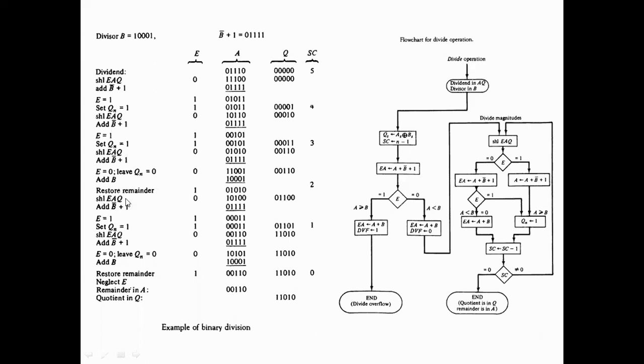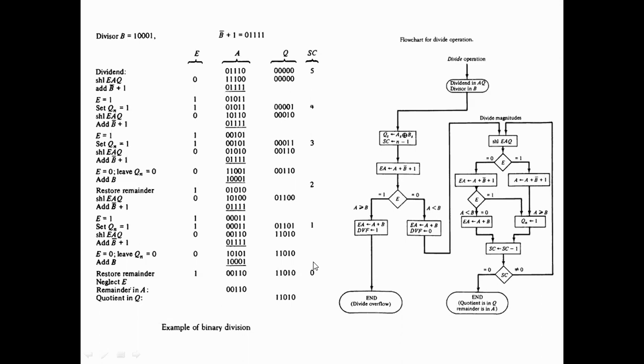So again do a shift, again subtract, then check E. E is 1. Put Qn equal to 1. Decrement. Again shift, again subtract, again check E. E is 0. Leave Qn as such and add B. You will get this thing.